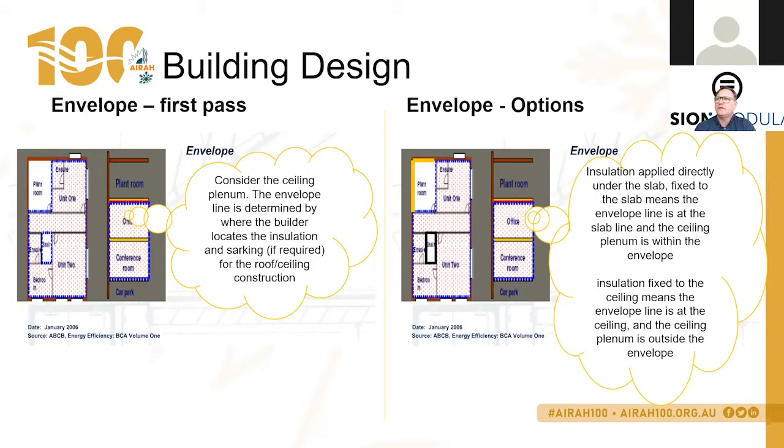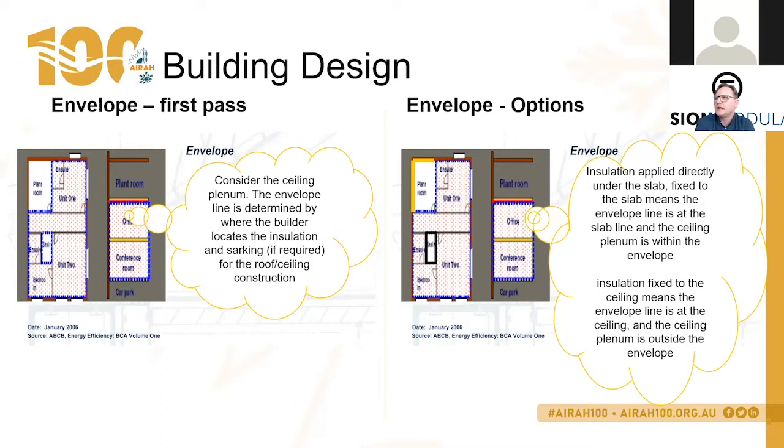In the instance where the ceiling plenum defines where the envelope line is, and it goes around the space and is fixed to the underside of the plant room, it would depend on whether we're applying the insulation and/or sarking, if required, to the underside of the slab or to the ceiling line.